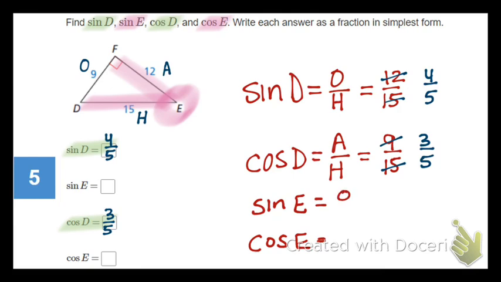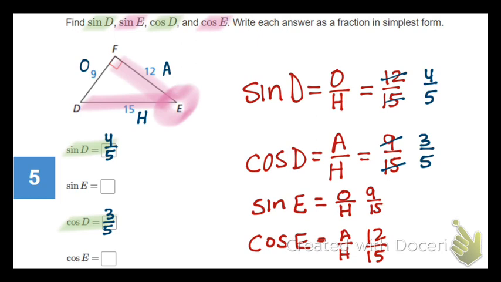The sine will be the opposite over the hypotenuse. The cosine will be the adjacent over the hypotenuse. So for this problem, the opposite is 9 and the hypotenuse is 15. And the adjacent is 12 and the hypotenuse is 15.